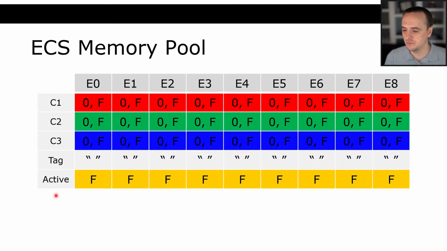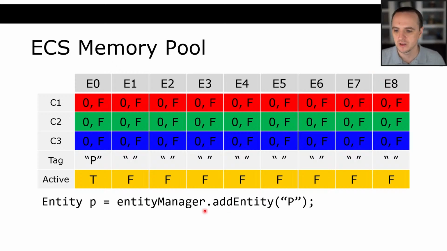All it's going to do, the memory pool is going to scan from left to right and find the first F. Because if this is F, it's not active, and so we can just overwrite the data there because it's a dead entity that's not doing anything anyway. So let's add an entity there. And that entity's active gets changed to true because this is an entity that we're using, and the tag gets set to p.